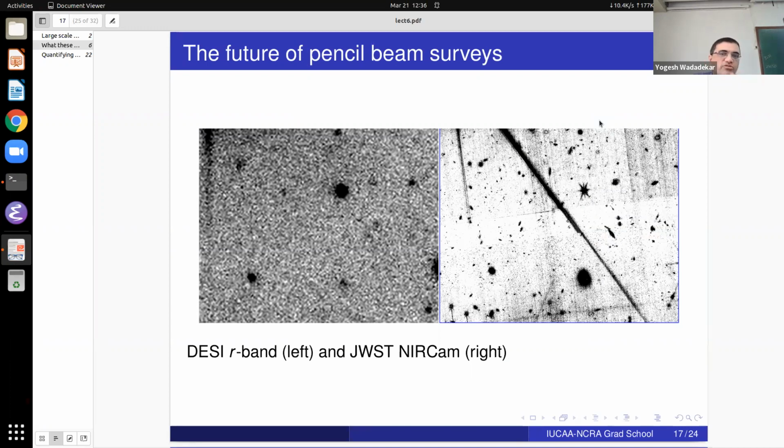So about 3 or 4 days ago, NASA released the first image from JWST. It was an image of an ordinary star, but they didn't even release the actual data. They released the PNG or JPEG version of that image.